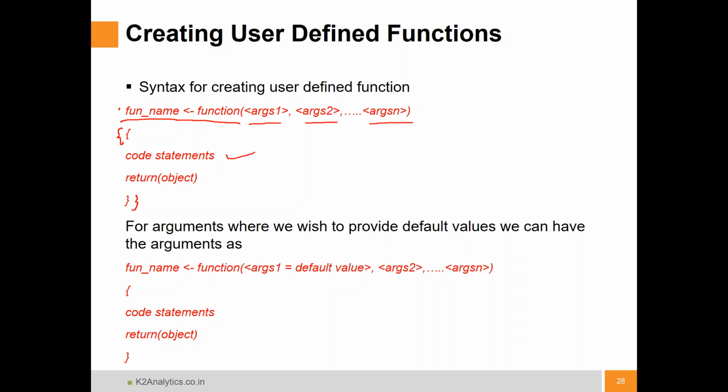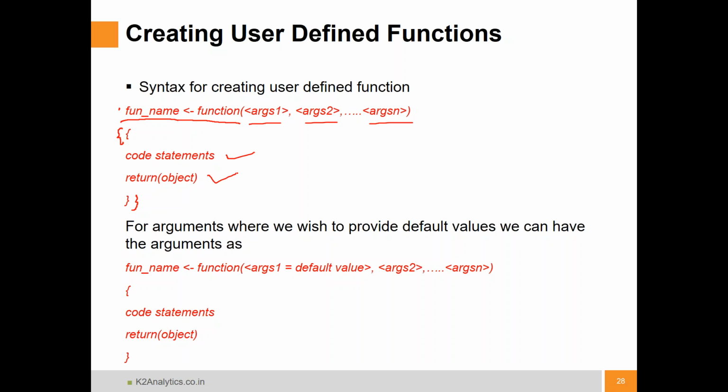A function always returns a value. Once a function is executed, it returns a value. For example, we saw many string functions. When you execute them, they return some value. So it has to return some object which will contain a value, or it has to return a scalar value. You have a return statement.